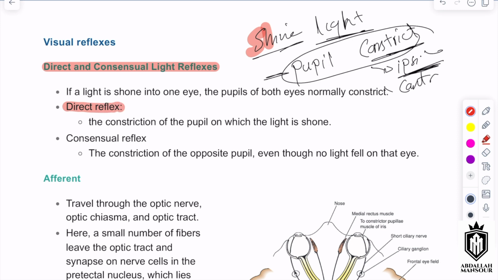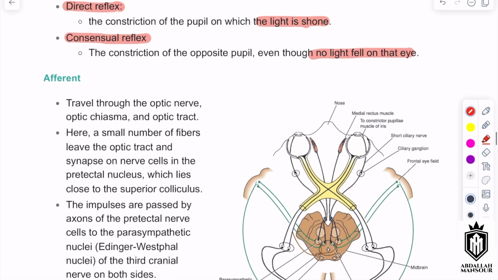So direct reflex is constriction of the pupil on the eye in which the light is shone. And the consensual light reflex is the constriction of the opposite pupil, even though no light fell on that eye. Okay, so this is a direct and a consensual light reflex.